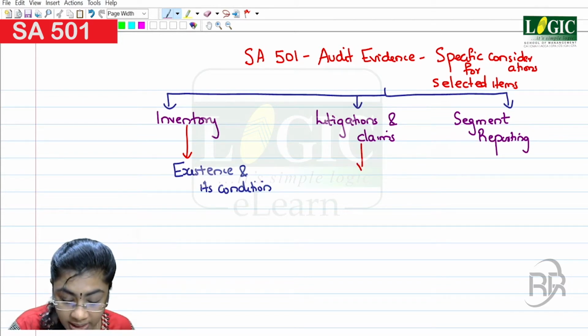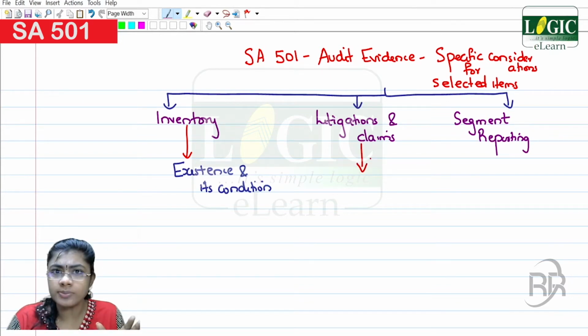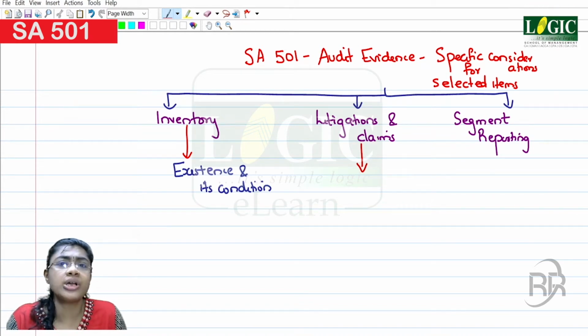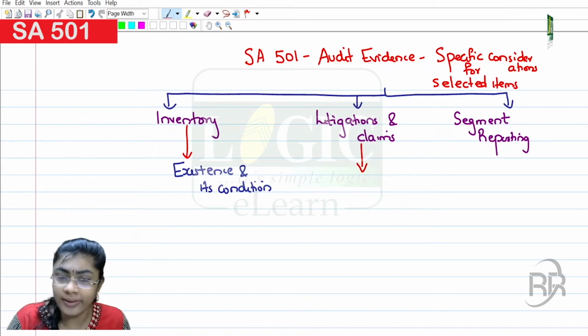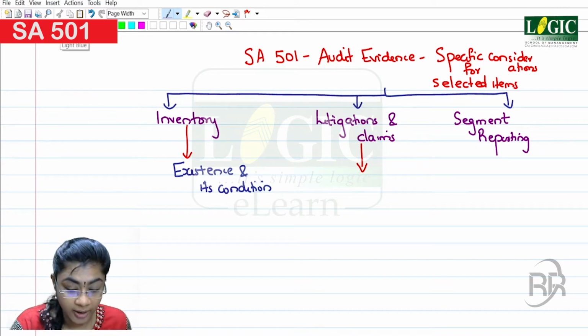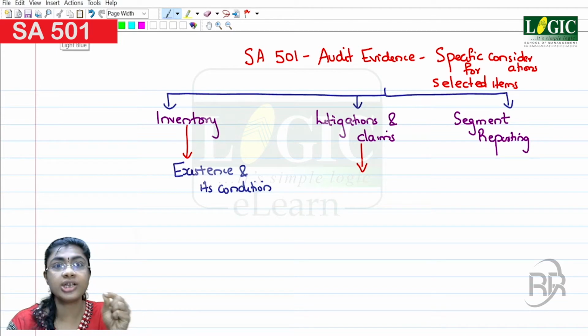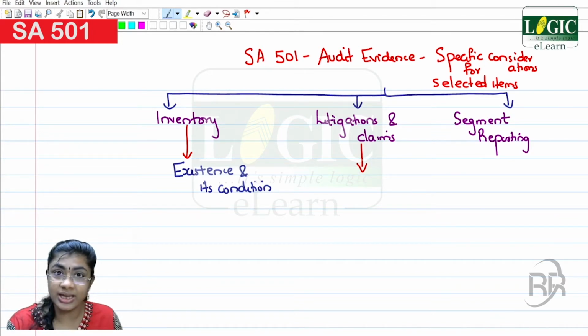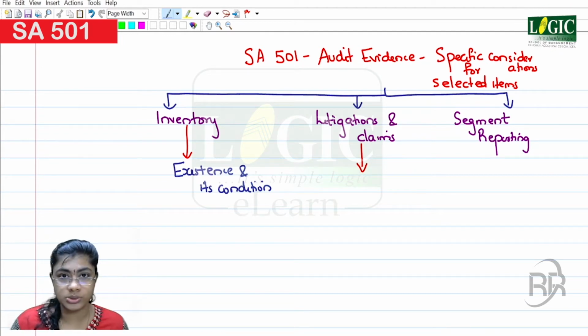Second one is litigation and claims, which is the selected item. What consideration are you going to see here? Here you are going to ascertain if the litigation and claims are shown in the financial statements. You know, the litigation and claims will be shown in the balance sheet, or as a contingent liability in notes to accounts.